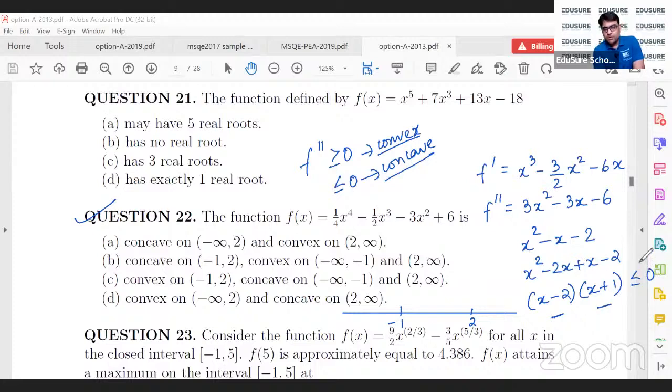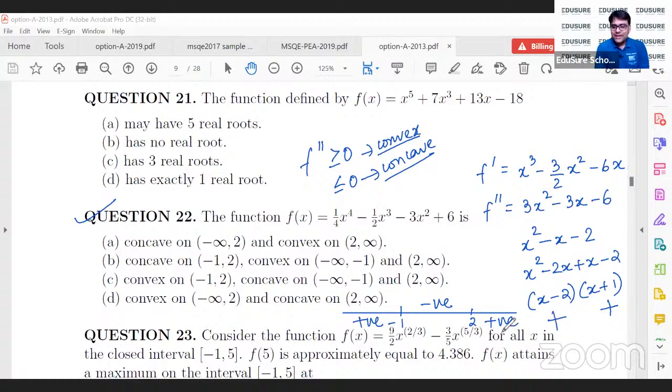Therefore, overall, it will be positive. Between minus 1 and 2, negative. After 2, what will be the sign of x minus 2 into x plus 1? Please understand this. Below minus 1, both are negative. Between minus 1 and 2, this is positive, this is negative. After 2, both are positive, right?